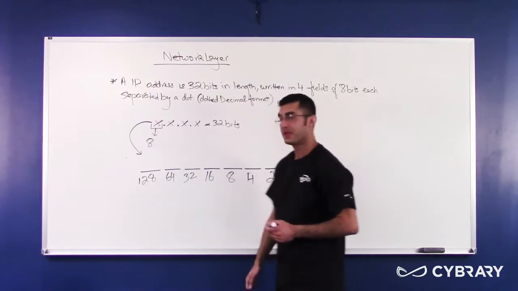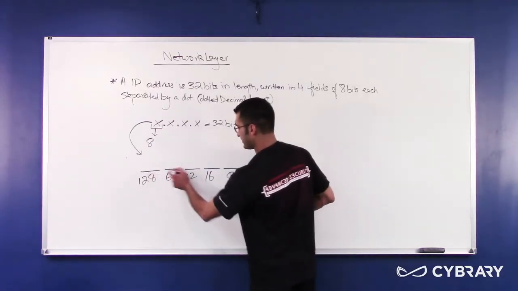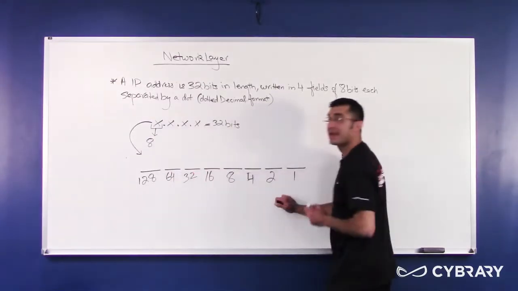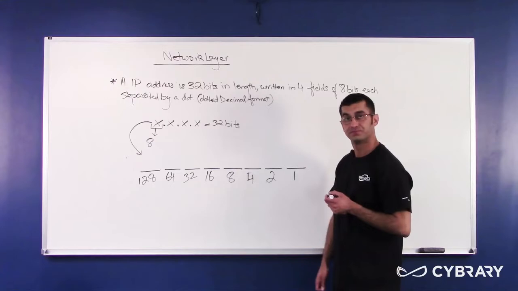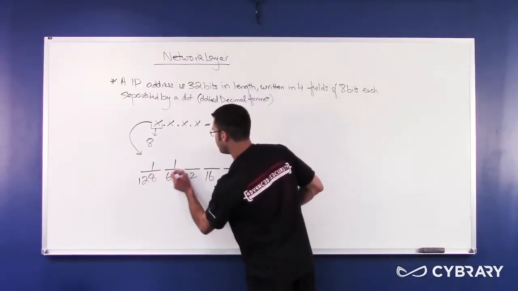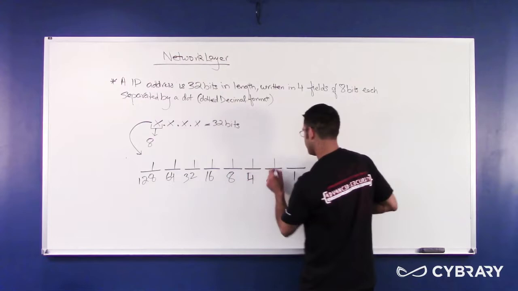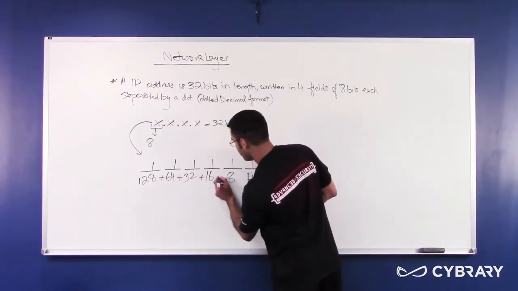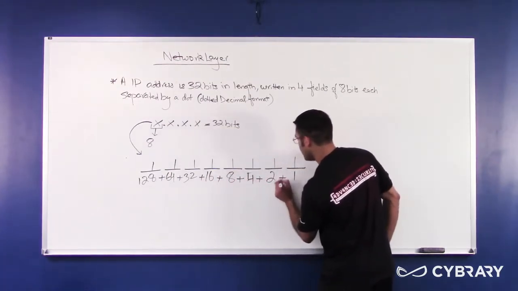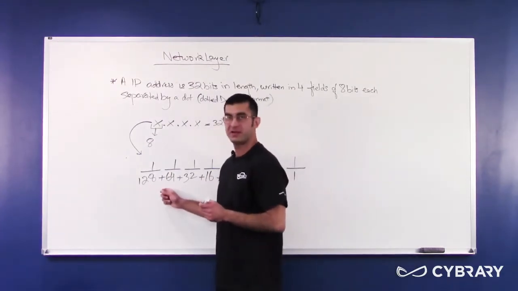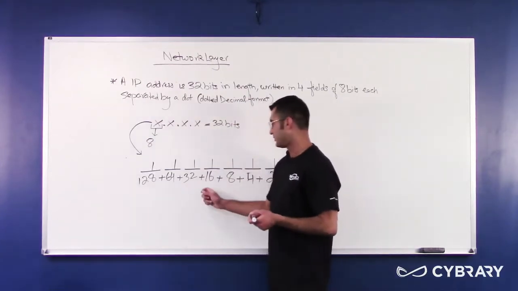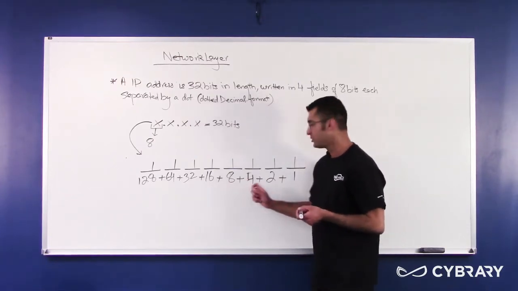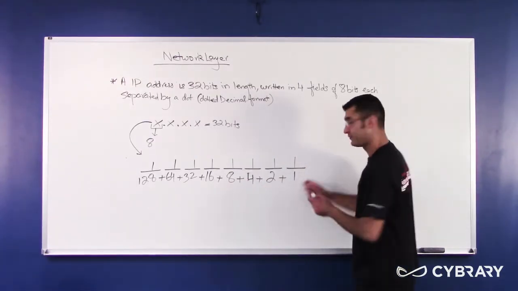If I turn all these bits off and I put zeros on top, then I get a value totaling 0. However, if I turn all these bits on, which is a value 1, then I need to add all these numbers up. So 128 plus 64 is 192, plus 32 is 224, plus 16 is 240, plus 8 is 248, plus 4 is 252, plus 2 is 254, plus 1 is 255.